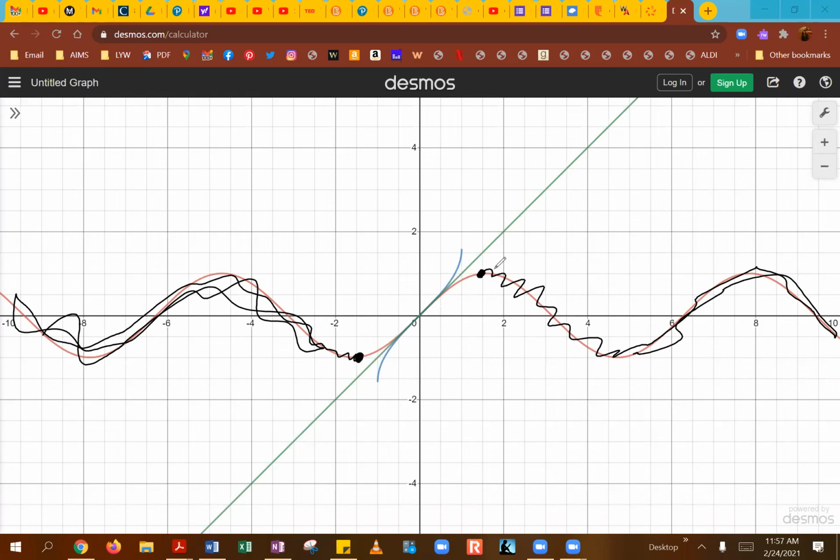So that is the sine function you are looking at. If you look along the green line, y equals x, you will see that if I were to fold my graph along that line, the two halves would overlap each other because they are reflections of each other.